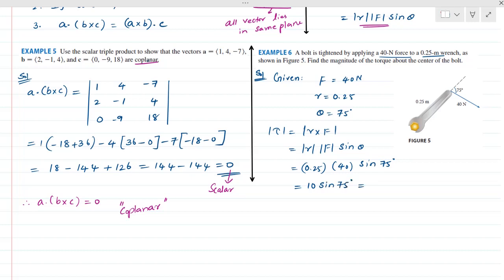Use the calculator and get the answer 9.66 newton meters, or joules we can say. Very important: the calculator should be in degree mode, because the given theta is in degrees.